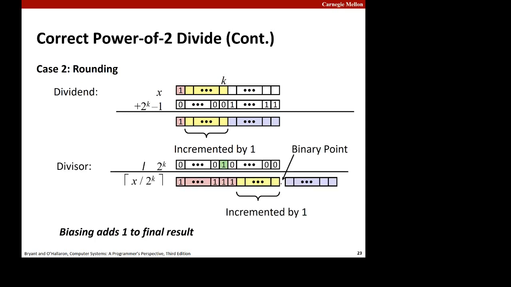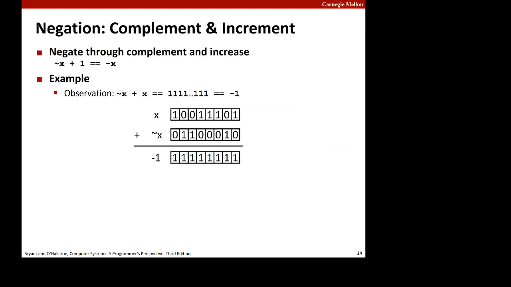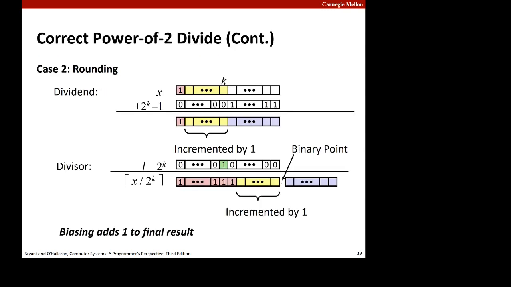And then when I shift that to the right, what I'll get is effectively incrementing this number by 1, which gets my bias right. So this is probably easiest understood by example. This is best understood by example, and I don't have one handy.